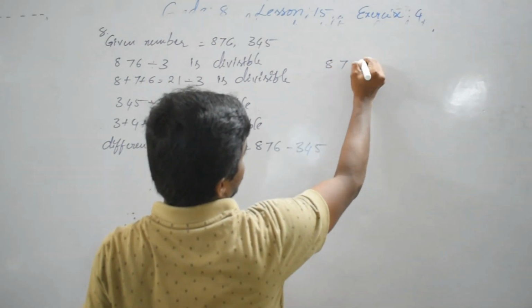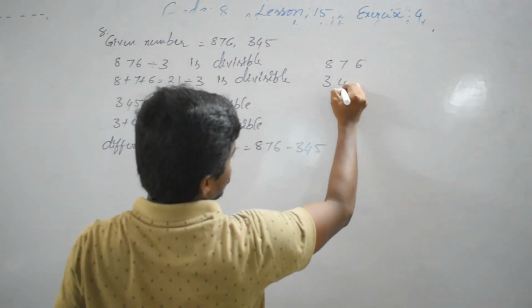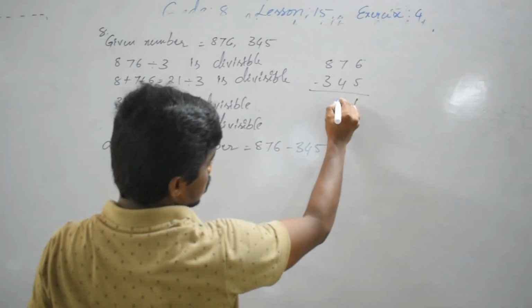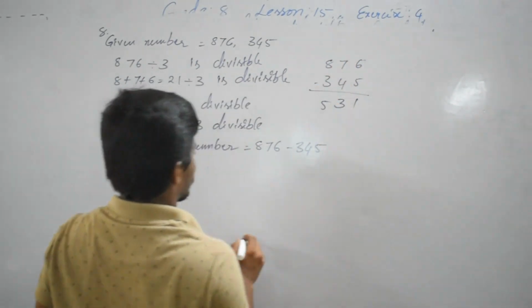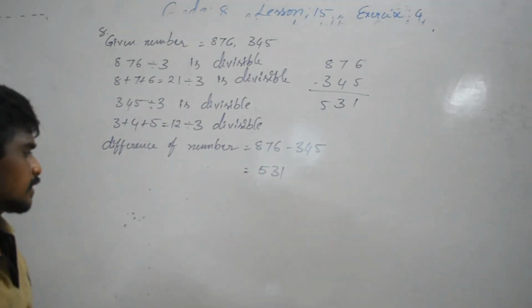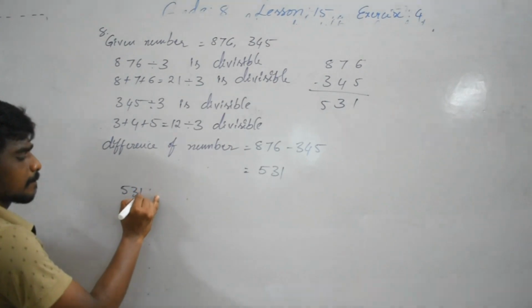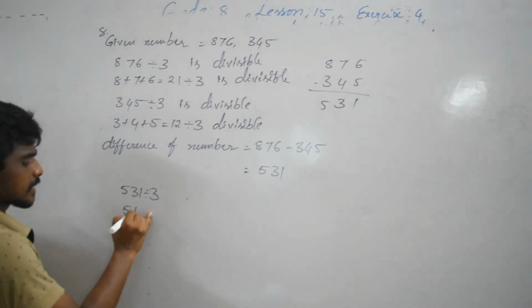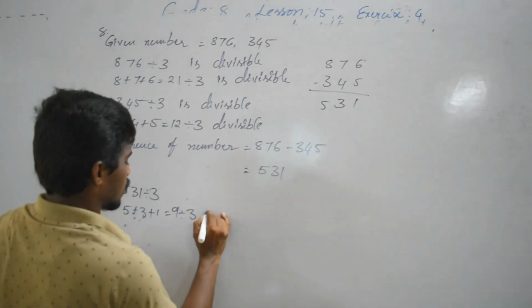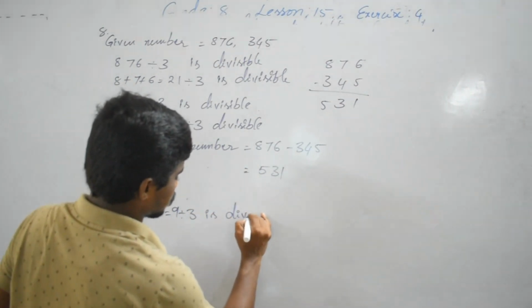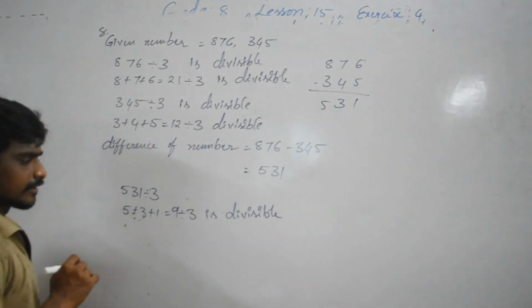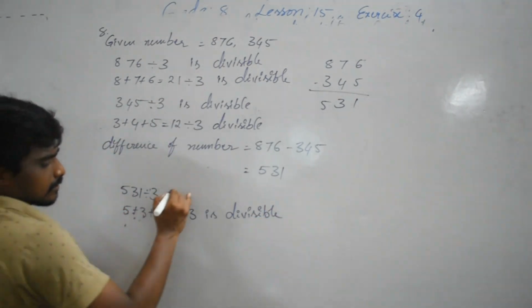So 876 minus 345 is 531. This difference, divided by 3: 5 plus 3 plus 1 is 9, and 9 divided by 3 is divisible. So 531 is divisible.